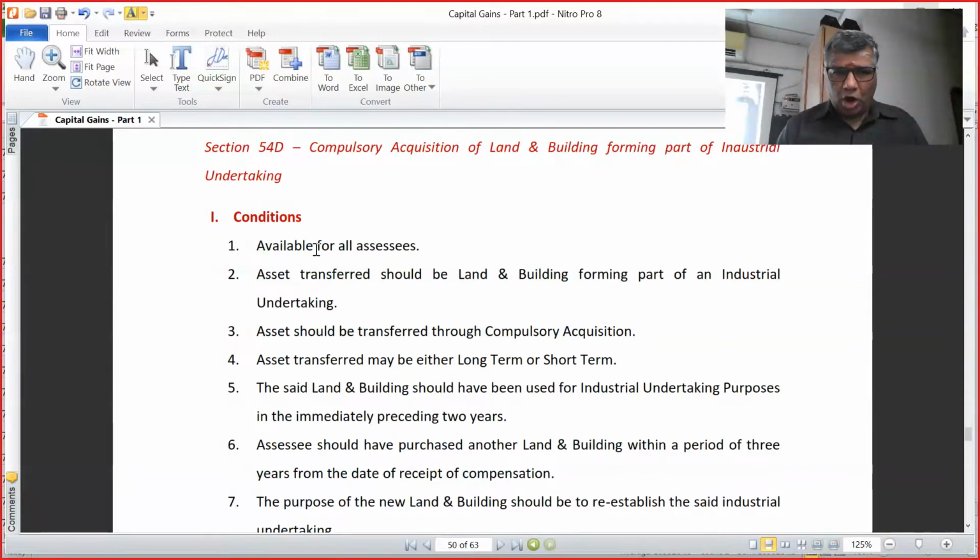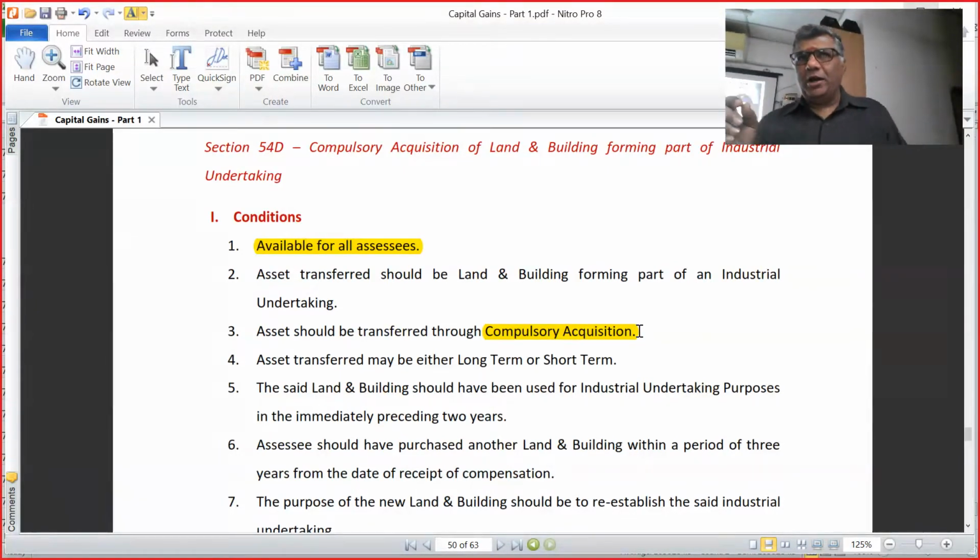The first condition: it is available for all assessees, obviously those having income under PGBP. The asset transferred should be land and building forming part of an industrial undertaking, and the asset should be compulsorily acquired. What is the principle of compulsory acquisition?